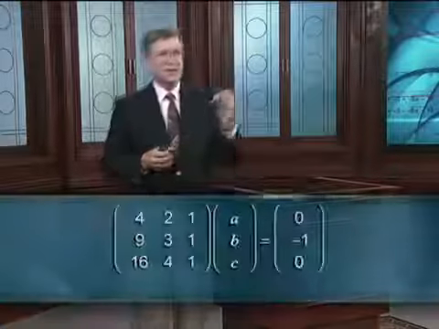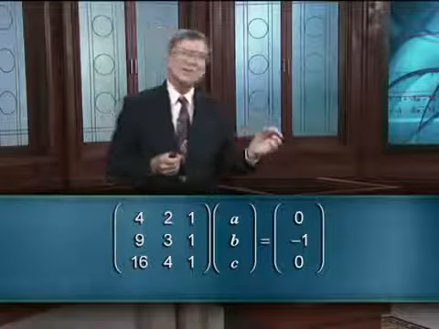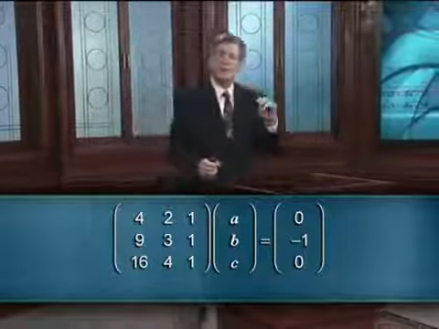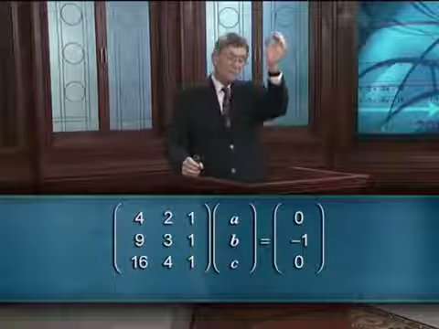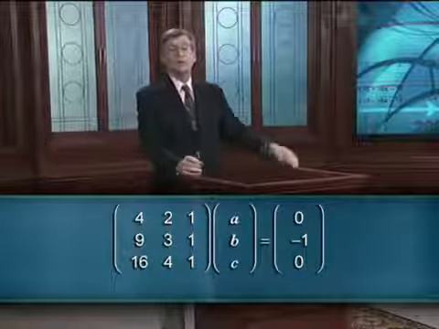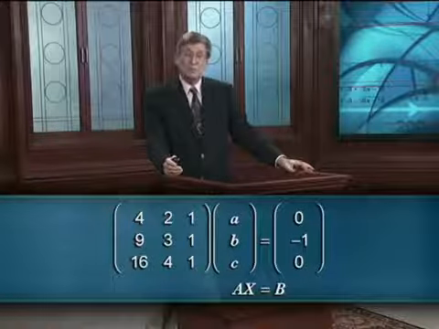But notice that before you even solve it, you can express the system in this matrix multiplication notation. The coefficient matrix is 4, 2, 1, 9, 3, 1, 16, 4, 1. Now, those are the coefficients. And then a, b, c represents the matrix of unknowns, and the right-hand side was 0, -1, 0. So the system would be AX equals B.